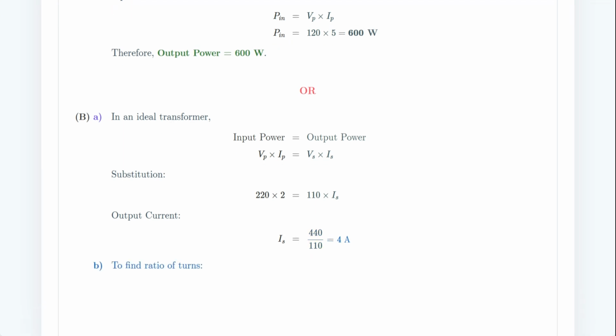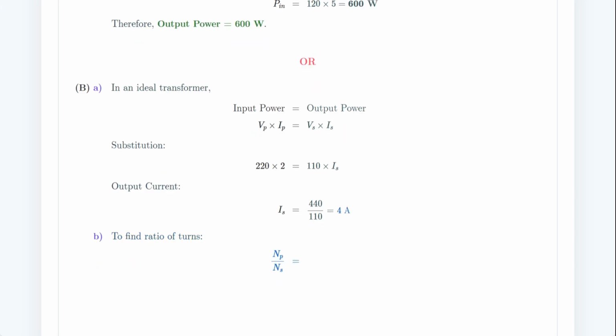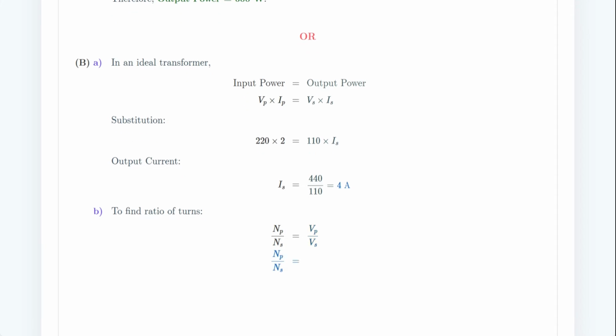Great. For part B, we need to find the ratio of the number of turns. By the laws of transformers, the ratio of primary turns to secondary turns, NP by NS, is equal to the ratio of primary voltage to secondary voltage, Vp by Vs. Let's substitute the voltage values we already know.